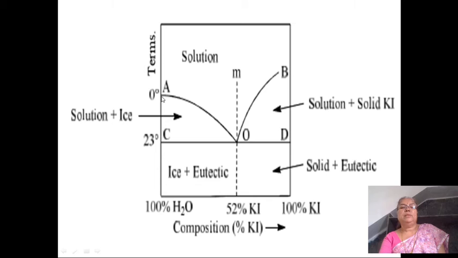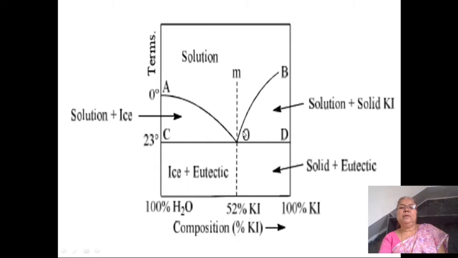Then this curve AO represents the decrease in freezing point of the water along the curve AO due to successive addition of KI into water.